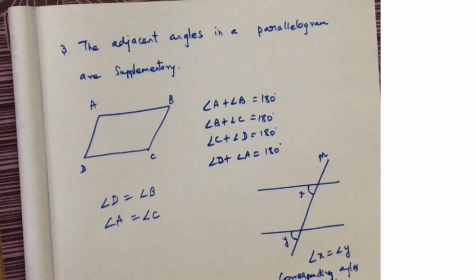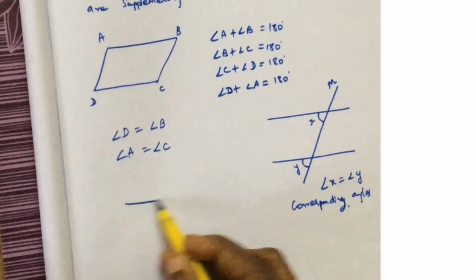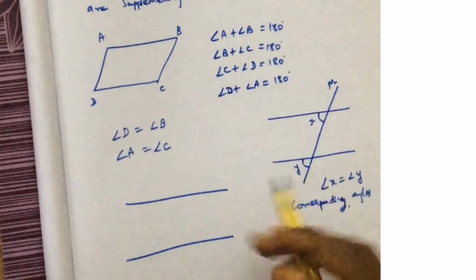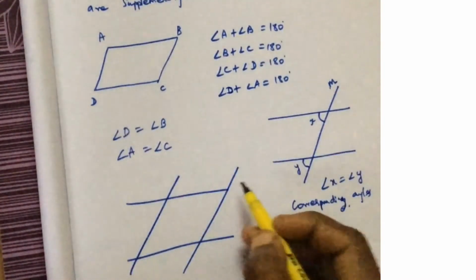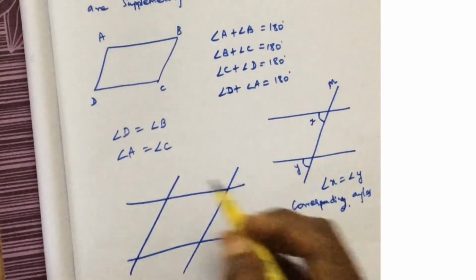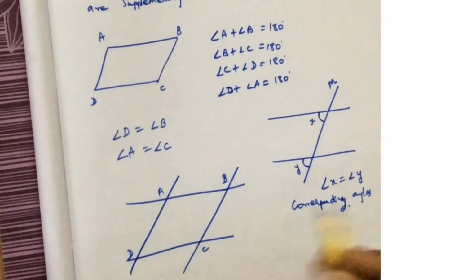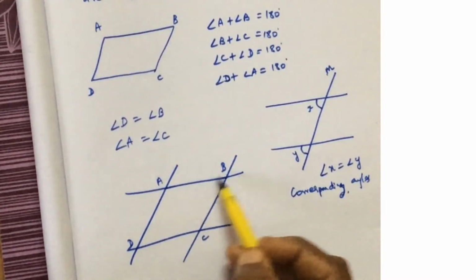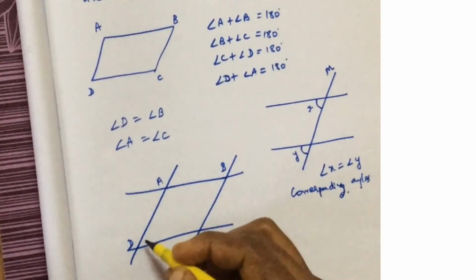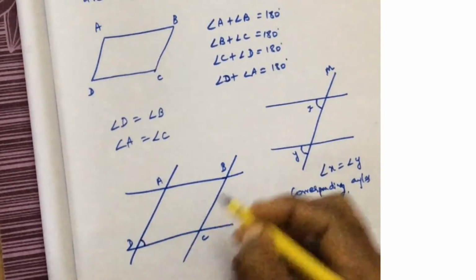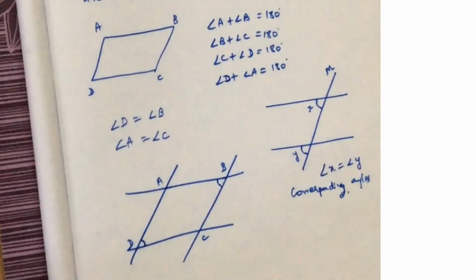The same thing we are going to apply here. Now you can see I can draw the same thing. A line is here. Consider these two are parallel lines and I am drawing two transversals like this. Now I am marking these as A, B, C and D. This ABCD is a parallelogram now. Now we know that these two angles are equal. Angle D, this angle and this angle are equal. Why? Because in a parallelogram, opposite angles are equal.